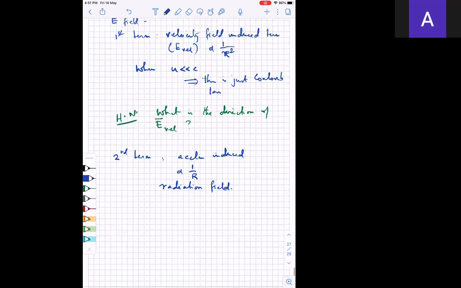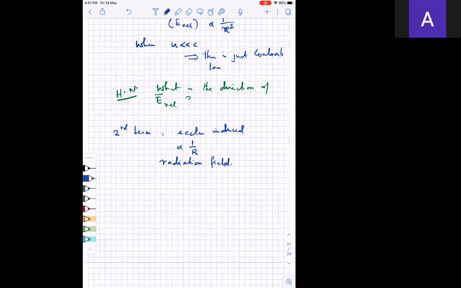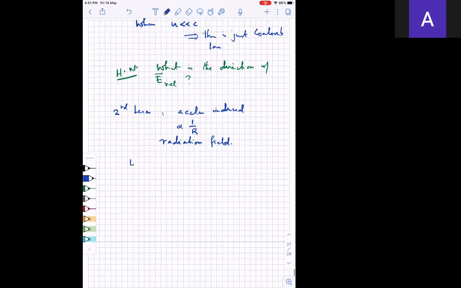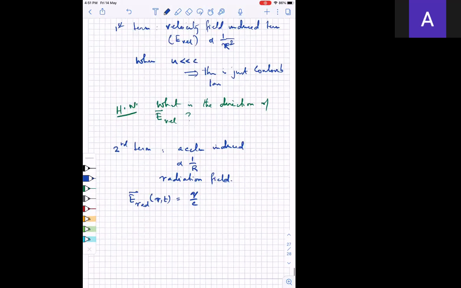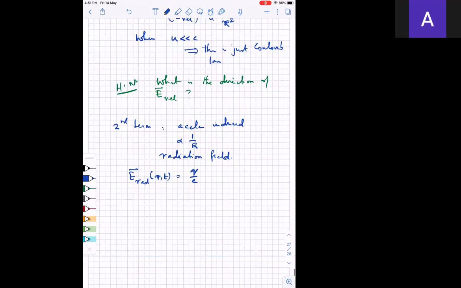If I just look at the radiation field, you have E radiation at R and t, which is Q by c, n cap by R, multiplied by n cap cross (n cap minus beta) cross acceleration.